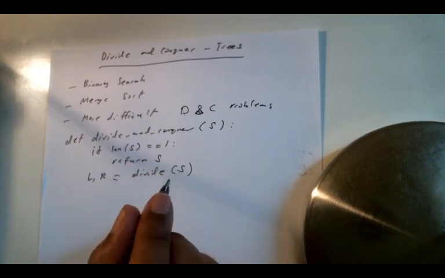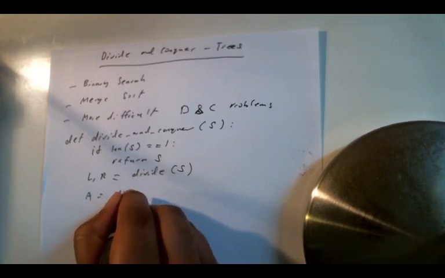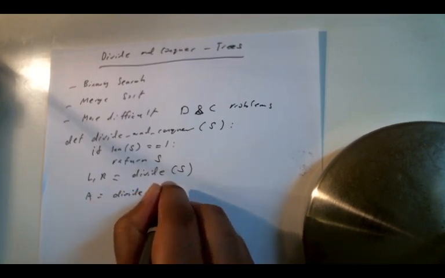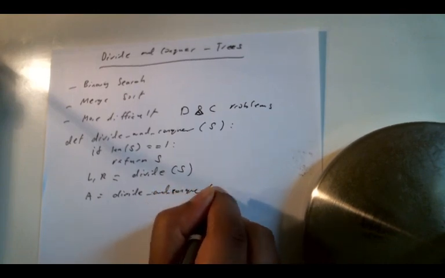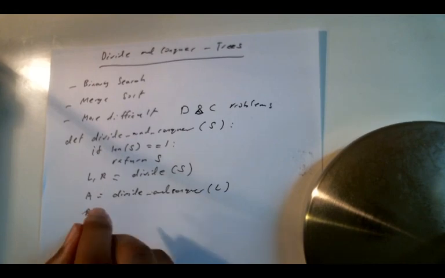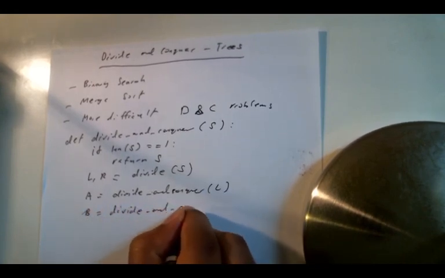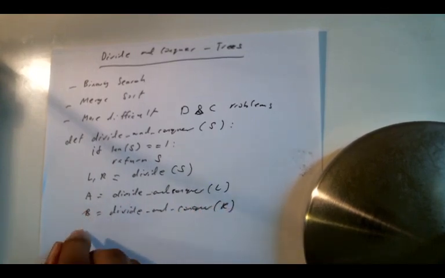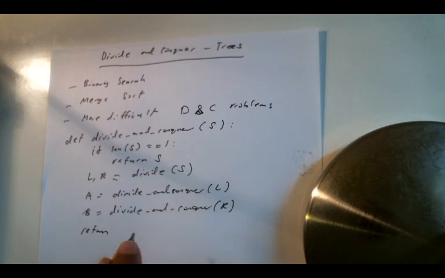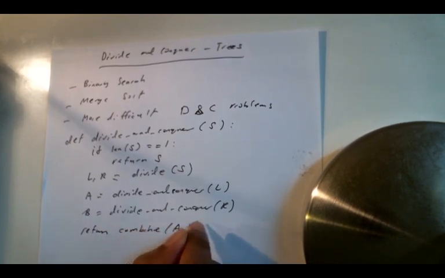Then we do A is divide and conquer L. B is divide and conquer R. And then we do some sort of combine step. So we return combine A, B. Okay?